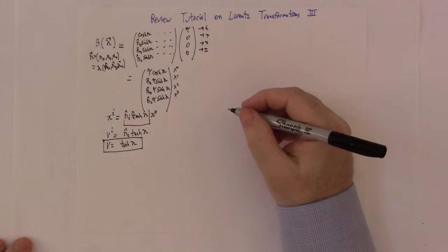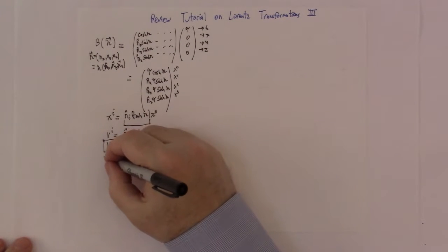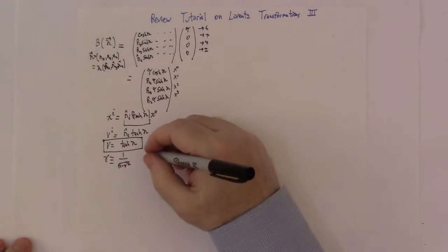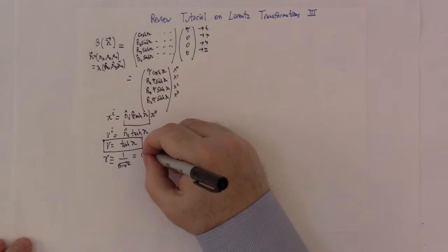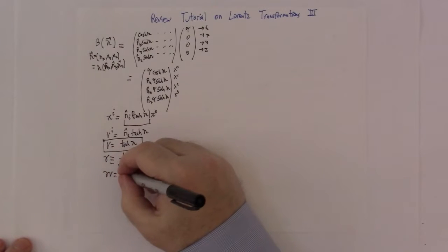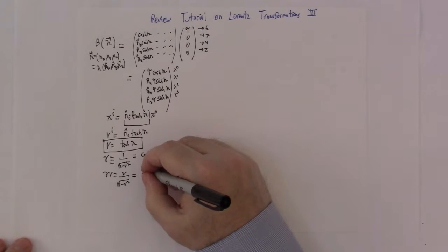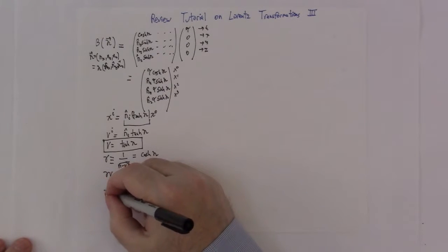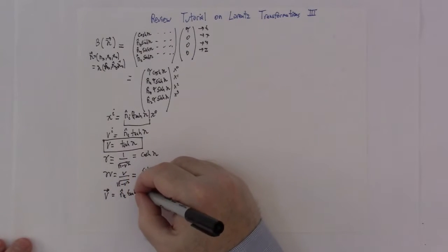From that equation, using simple hyperbolic tangent identities, we get that gamma, which is defined to be 1 over the square root of 1 minus V squared, remember, c is 1 in everything we do in this course, is equal to hyperbolic cosine of eta. And then gamma V, which is V over the square root of 1 minus V squared, is equal to hyperbolic sine of eta. And the vector V itself is just equal to eta i caret times tanh eta.